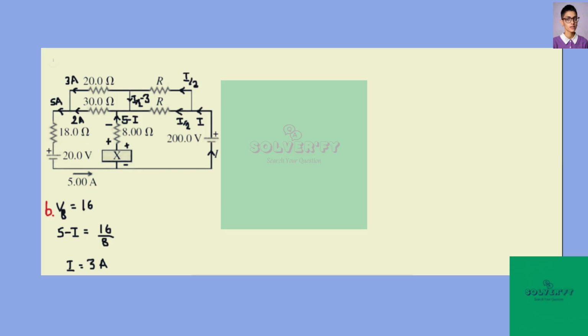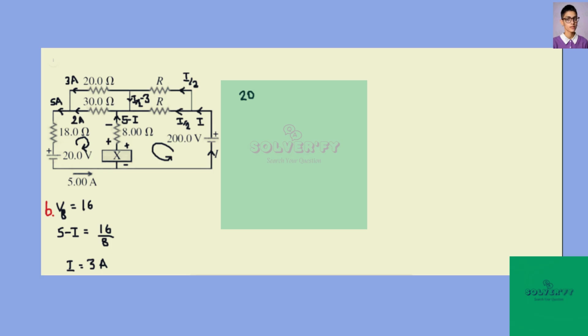Now, to find out part A and part C of the question, let us consider Kirchhoff's law in two of the loops here. The first loop is this one, and the second loop is this one. For the first loop, let us begin with the voltage 20 and x.